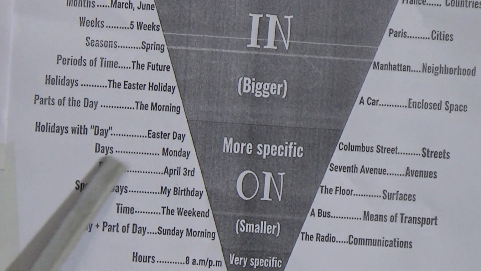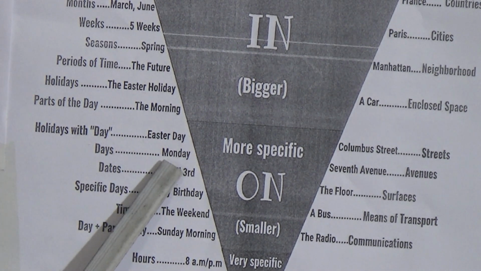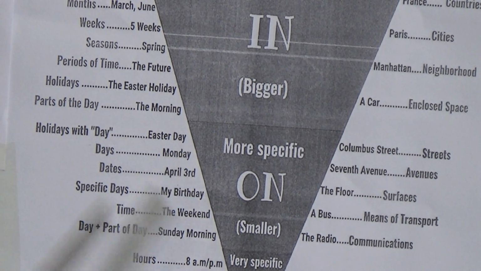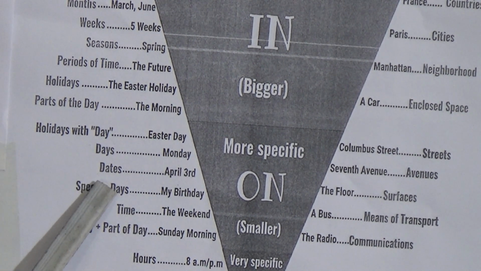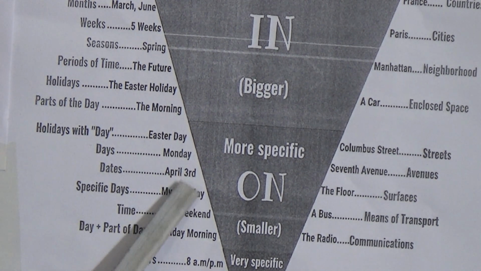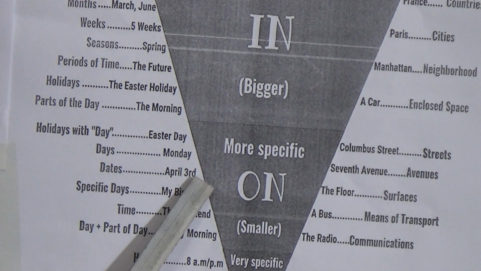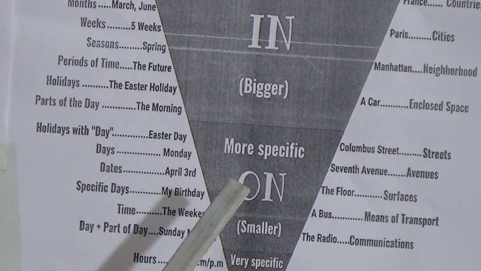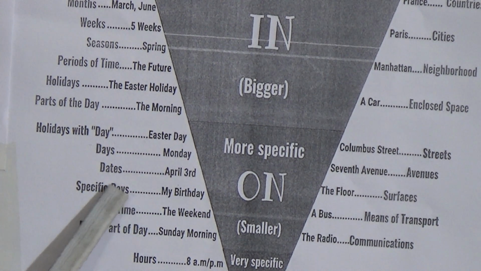Days of the week like Sunday, Monday, we will use on Sunday, on Monday, on Tuesday. On dates, like on April 23rd, or on 3rd April. If we write a date, we will use on before it.